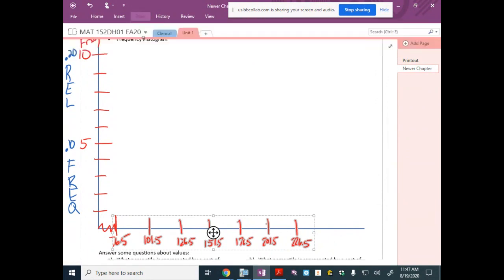Condense that just a little. That's the magic of 1 minute.